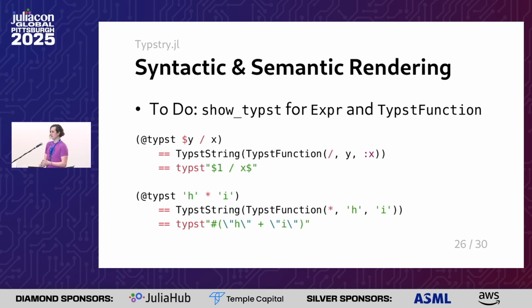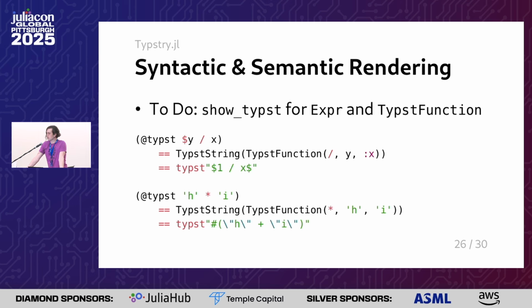But that doesn't know anything about what that expression means. So you can see in this first example, you have y over x, and it just renders 1 over x. We're interpolating y in this particular case. And that is very achievable with Typstry right now. It's not currently implemented, but I would just need to implement show Typst for Expr, which I hope to do Saturday.